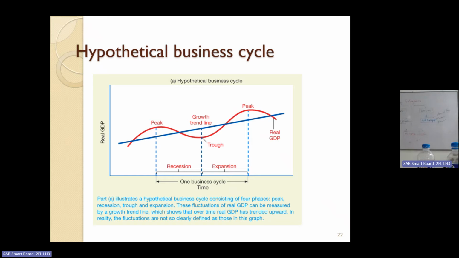Now this is the potential output. Here we see the expansion and the contraction. Expansion means the actual output is above the potential output level.